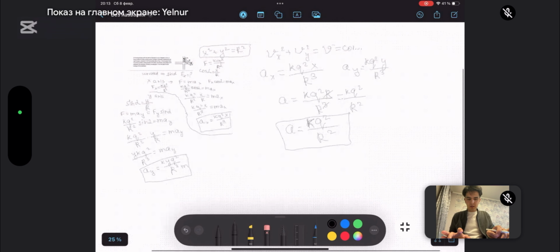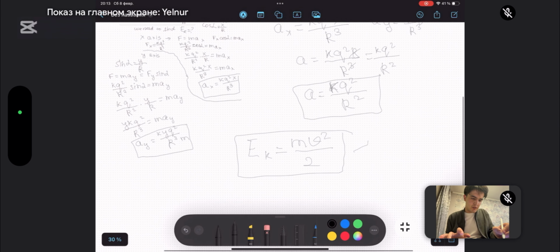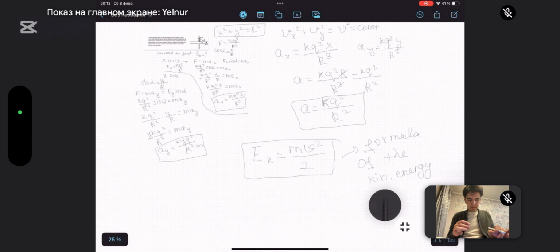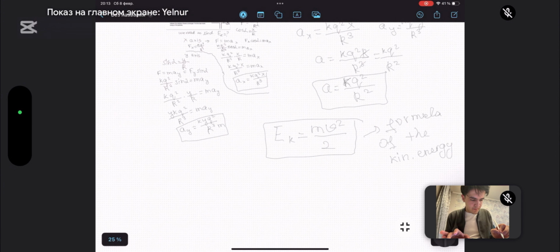And then after this, let's work on finding the kinetic energy of our system. At first, let's write the main formula of the kinetic energy. Our kinetic energy for the system is equal to m v square over 2. After writing this formula, let's calculate the total kinetic energy for the system.